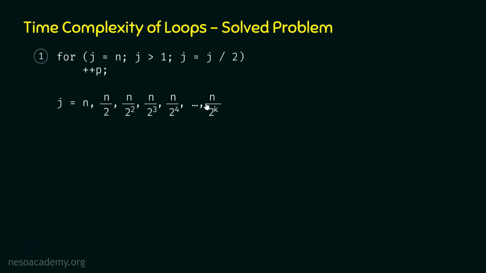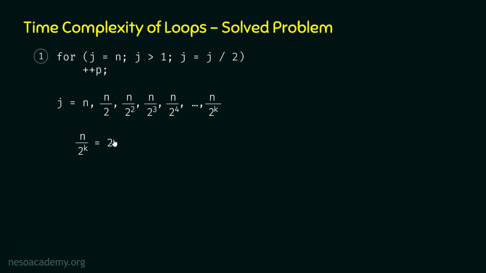Let's say the last value of j is n by 2 power k. This is the last value of j for which this condition is true. Let's assume n by 2 power k is equal to 2. Because for this value of j, this condition is true. And I'm assuming n by 2 power k is the last value of j for which this condition is true.